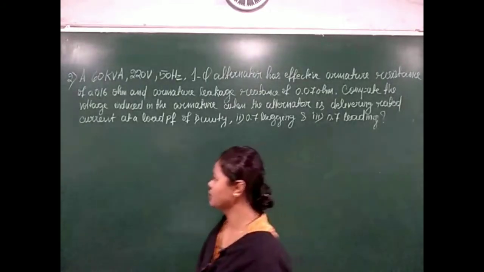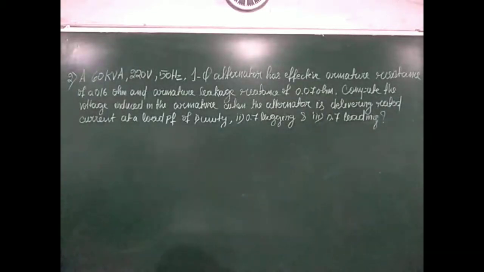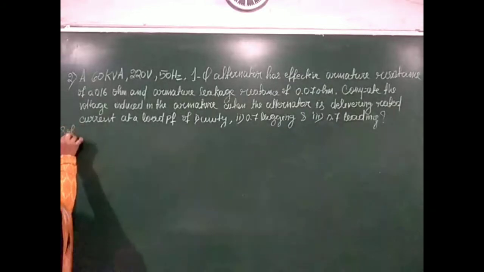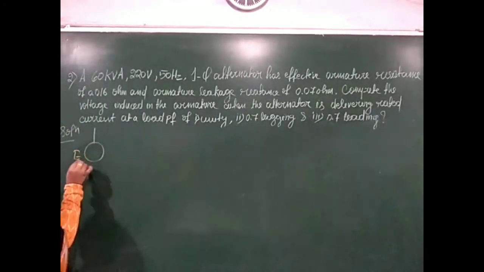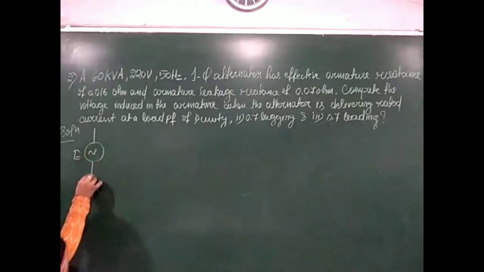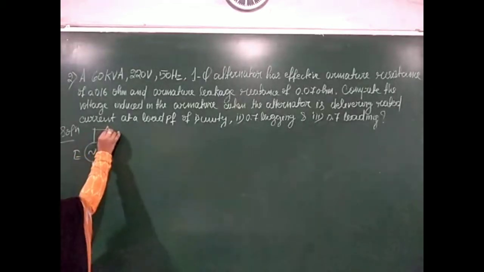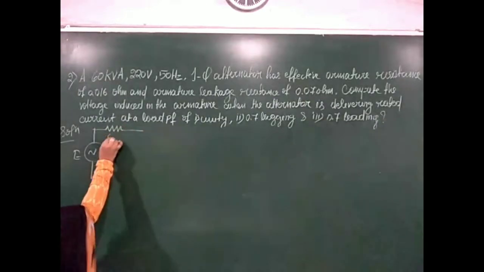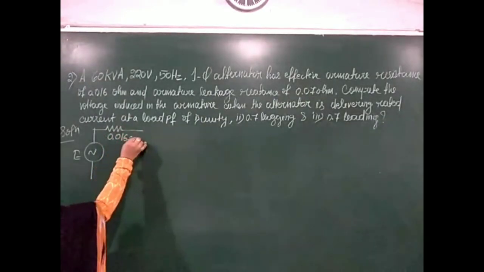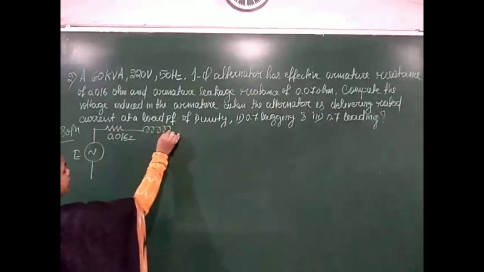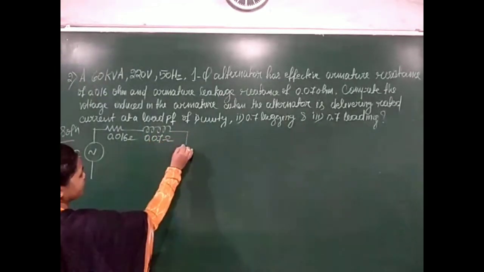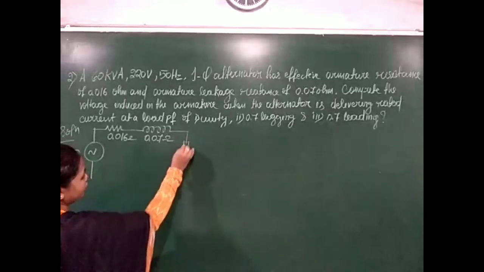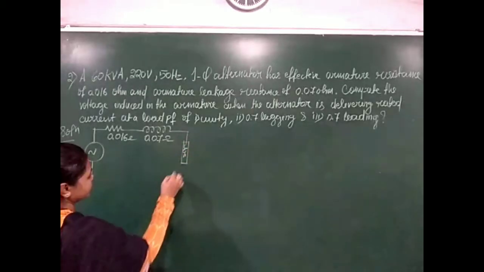So first you draw the equivalent circuit diagram. The generated EMF is E here. Armature resistance is given as 0.016 ohm and leakage reactance is 0.07 ohm. And the load is across this alternator.